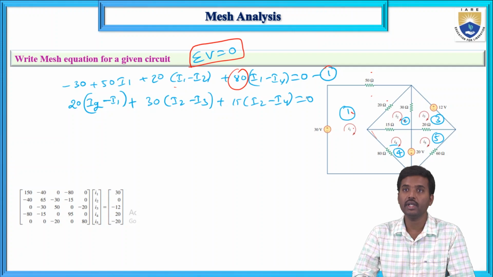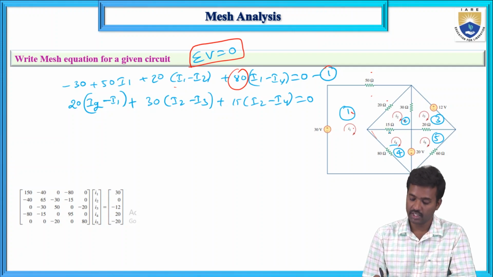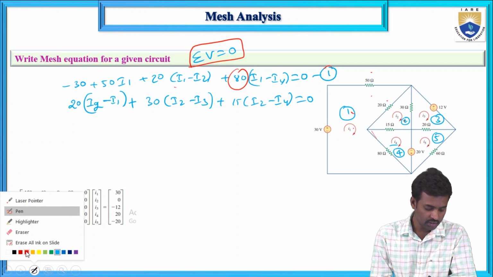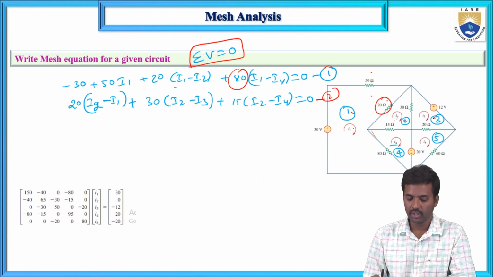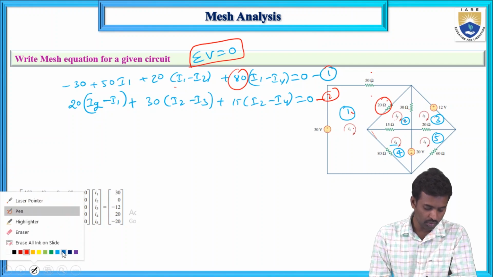Here we have only 3 branches in the loop of the second mesh, so that equation is here. This is equation number 2. So 20 into (I2 minus I1), 30 into (I2 minus I3), and 15 into (I2 minus I4).